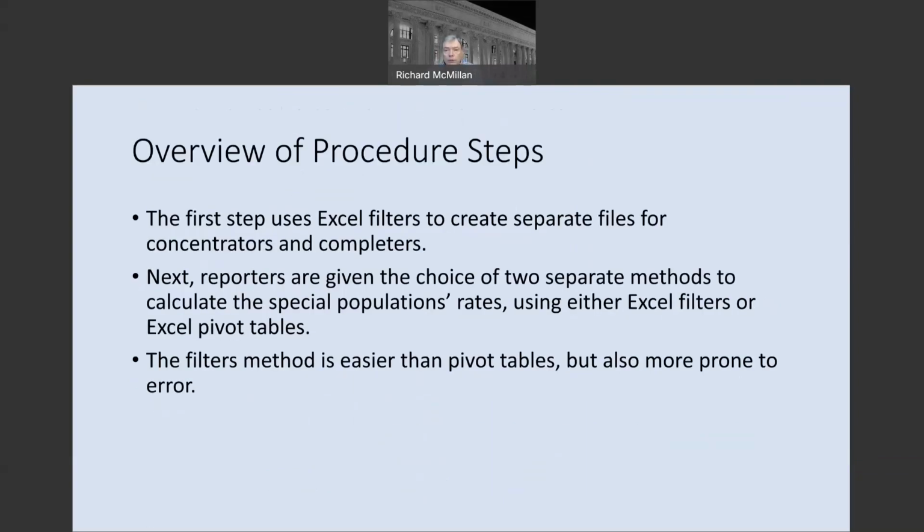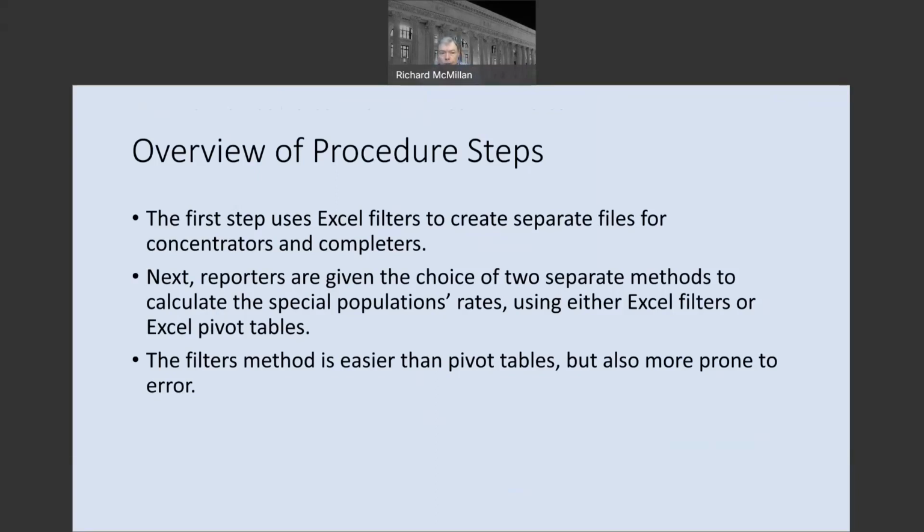Overview of procedure steps. The first step uses Excel filters to create separate files for concentrators and completers. This is simply the separation of your CLNA student body into concentrators and completers. So you have one file with all concentrators and another file with only completers.